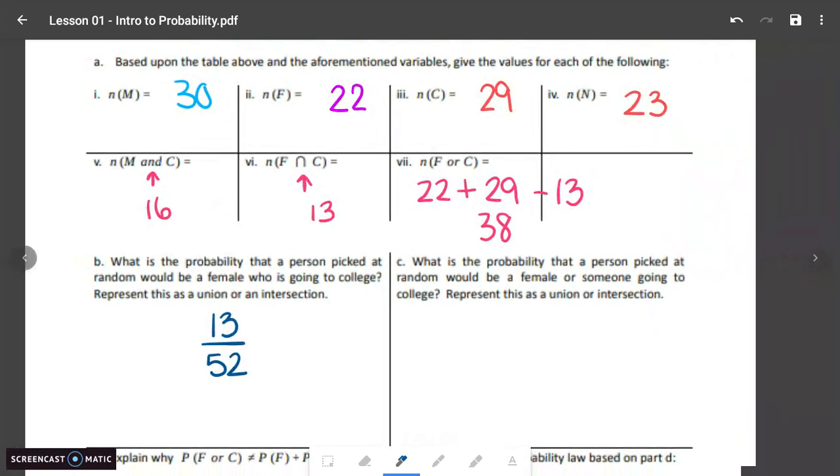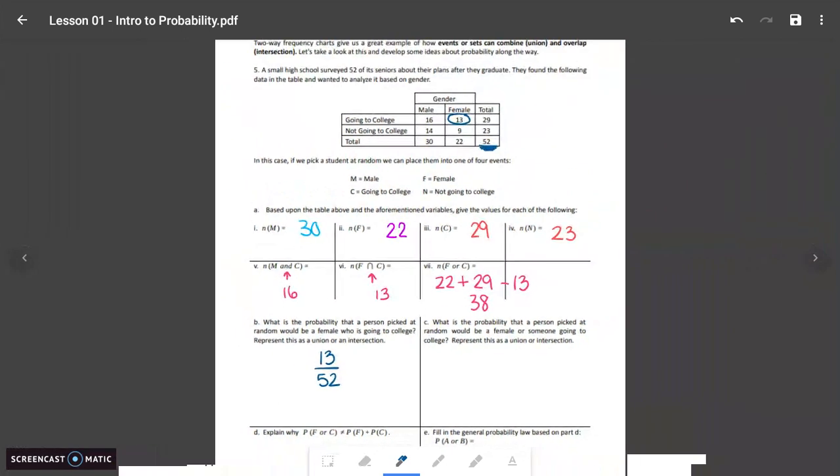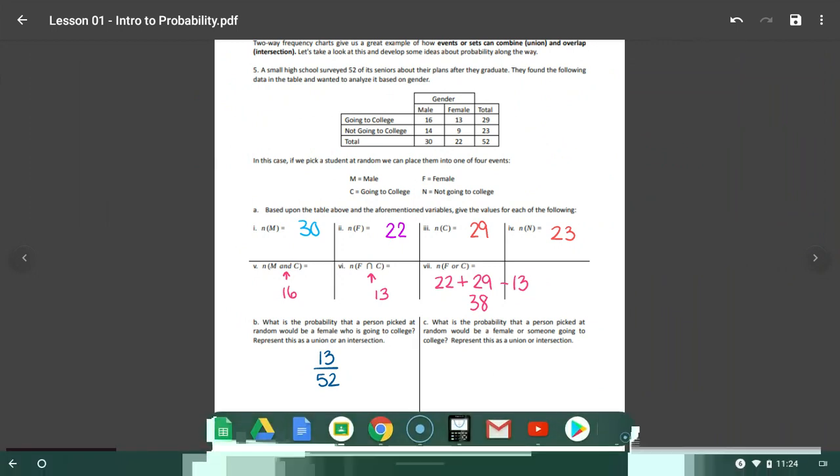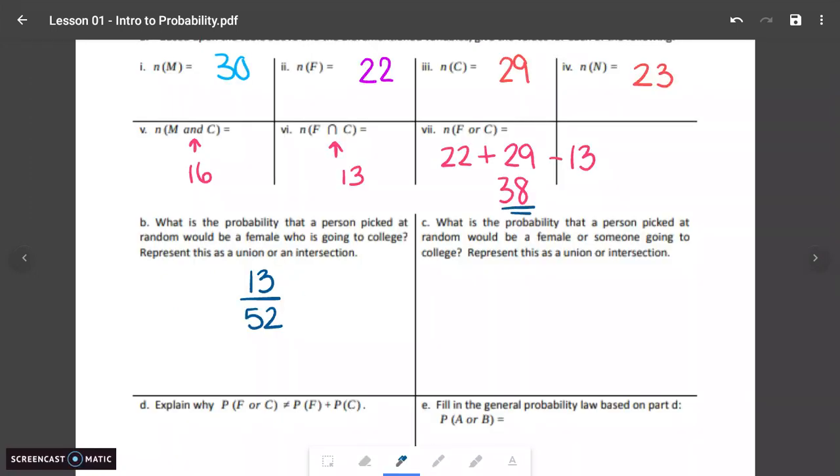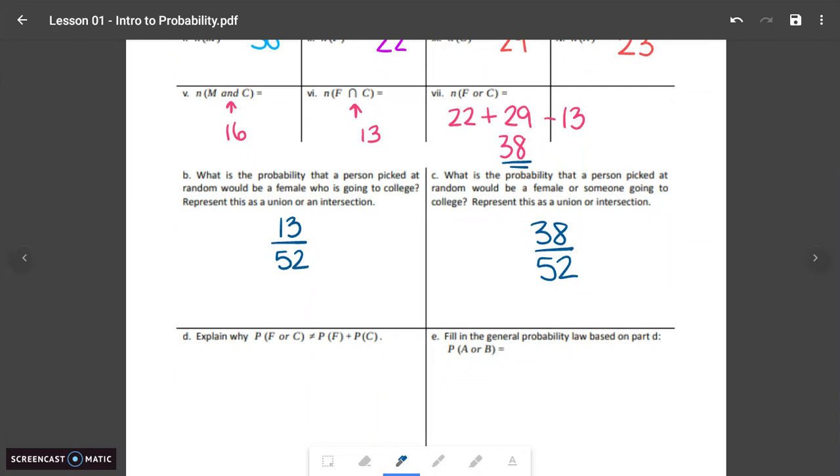What is the probability that a person picked at random would be female or someone going to college? So in this case, again, we're doing probability. We already got our or, so that's going to be the 38 out of 52. Okay, so it's the same as doing 22 over 52 plus 29 over 52, subtract the 13 over 52.